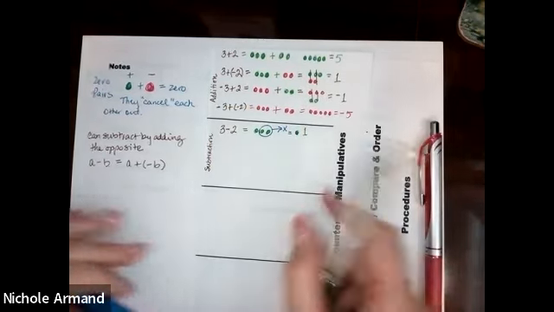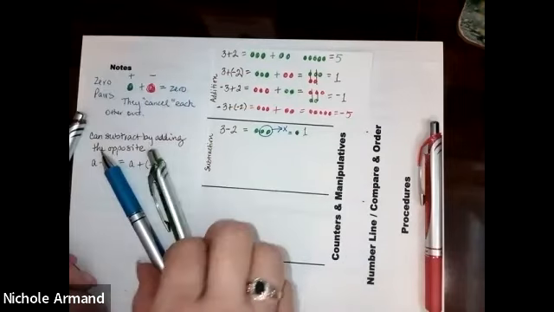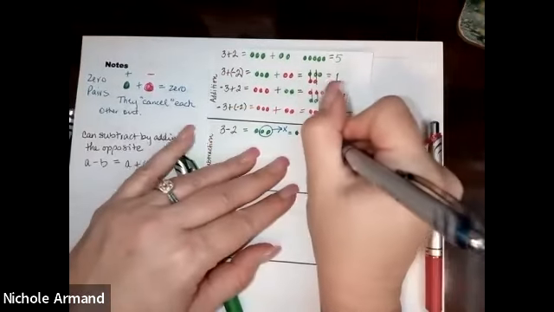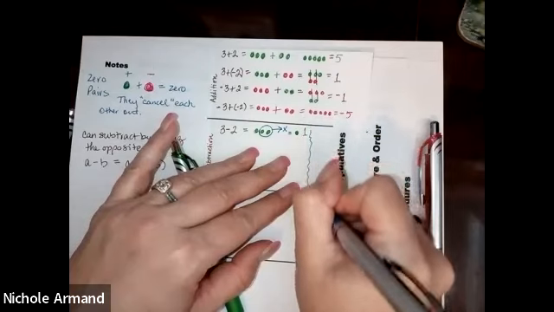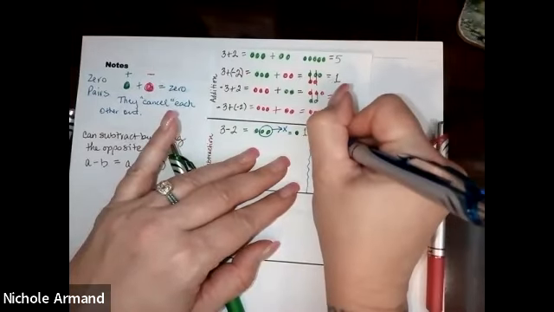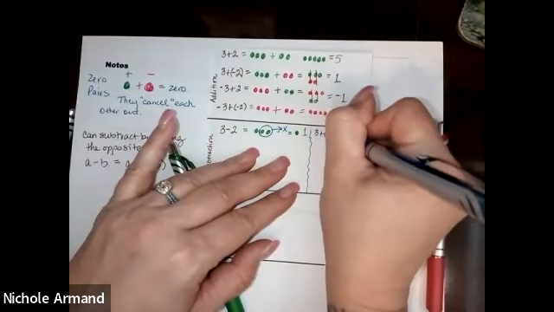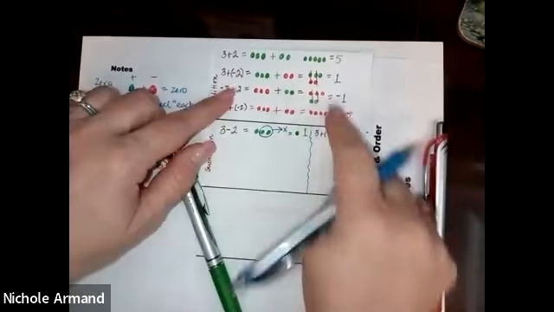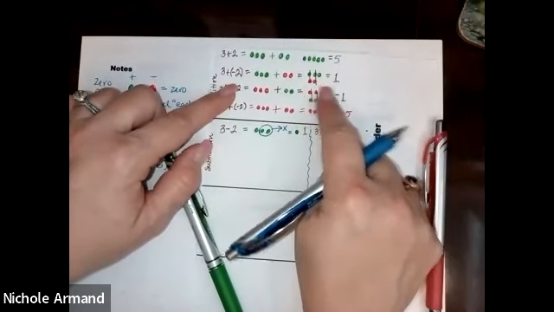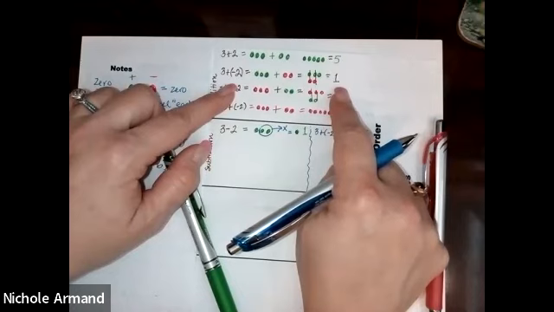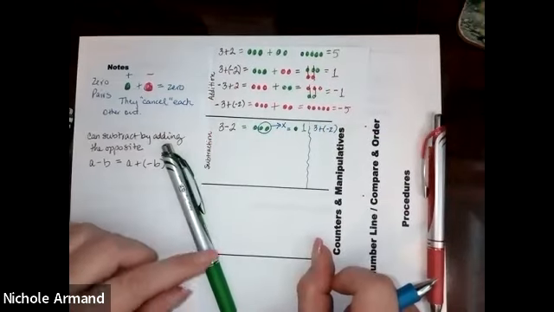If we wanted to do this problem by adding the opposite, then we would say that this was 3 plus negative 2, which we have right here. And we can see that that's also equal to 1.